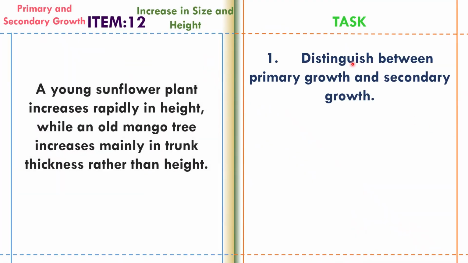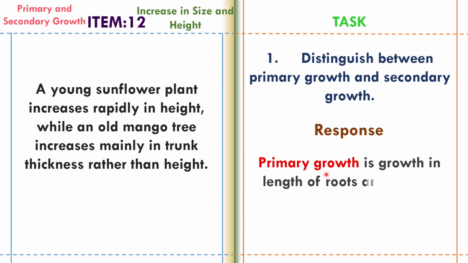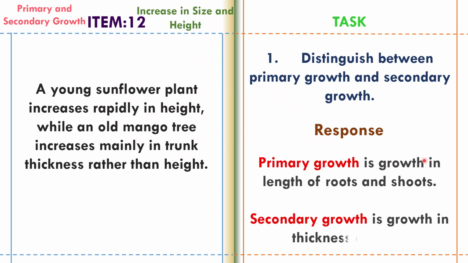Let's start with distinguish between primary growth and secondary growth. Primary growth is growth in length of the roots and shoot. Secondary growth is growth in the thickness or girth.